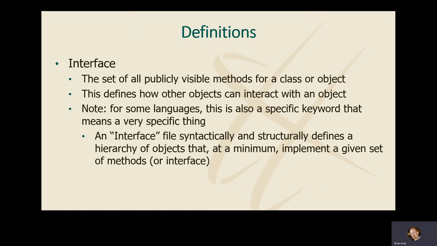But if you think about what that means, right? Well, if I say that my object is a comparable object, then I need to implement the compare to method. I need to implement this aspect of the interface. I have to give this method with these inputs and these outputs. So the interface file syntactically defines what kind of interface an object is supposed to have.